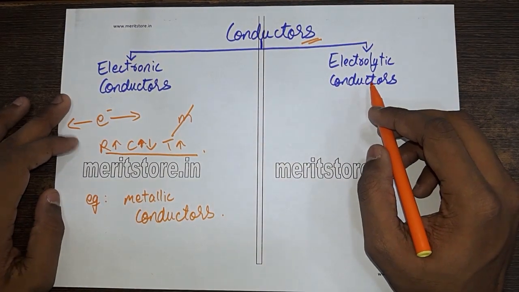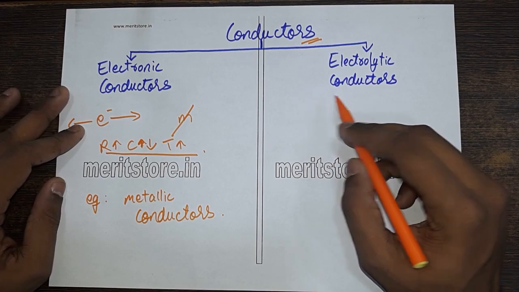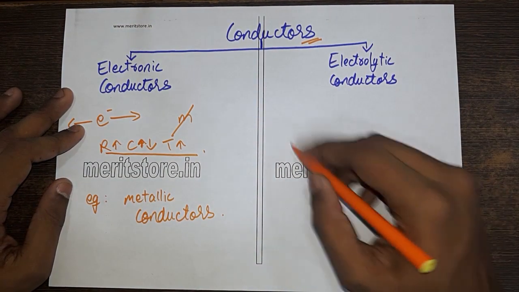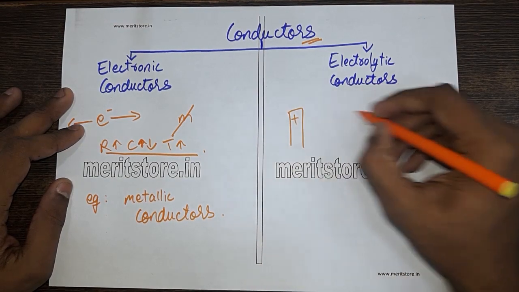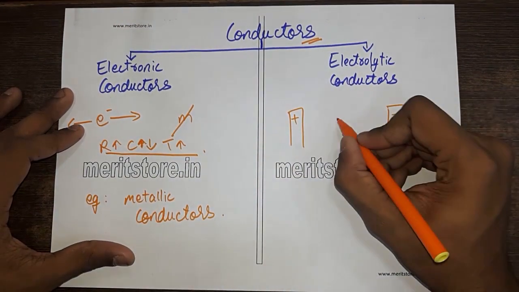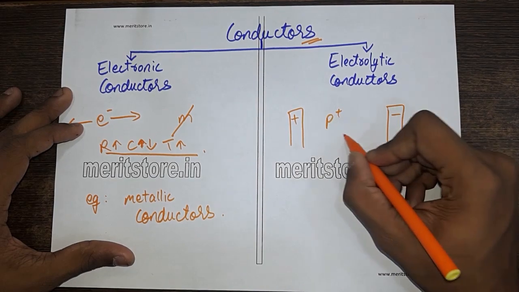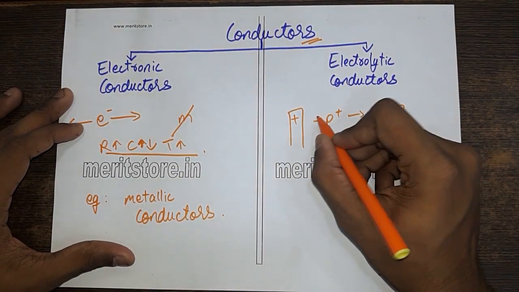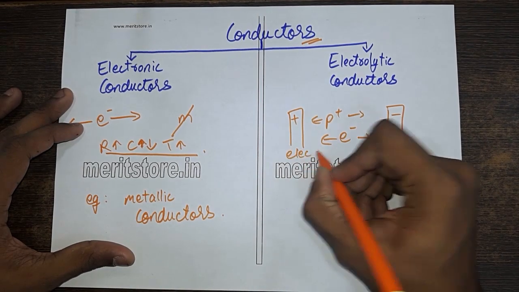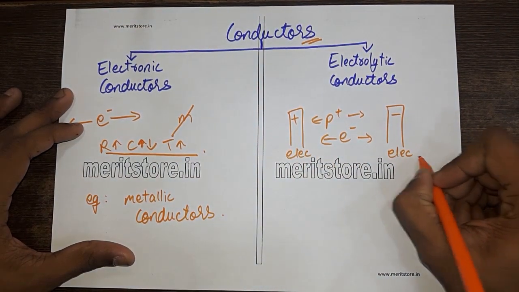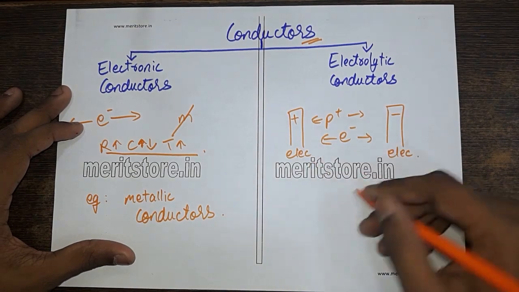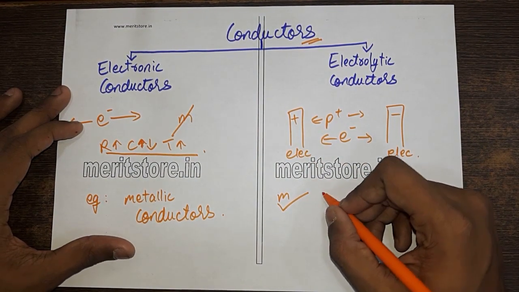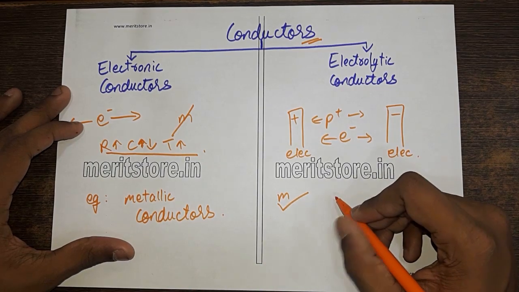Electrolytic conductors. This conduction happens due to migration of positive and negative ions towards the respective electrodes. Involves transfer of matter. The current flow is accompanied by chemical changes.